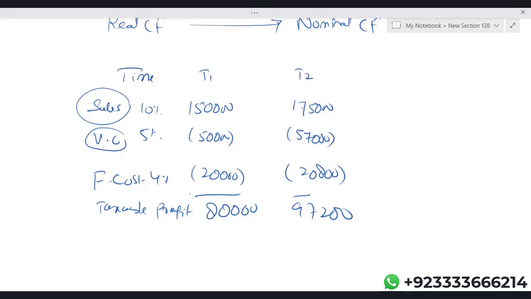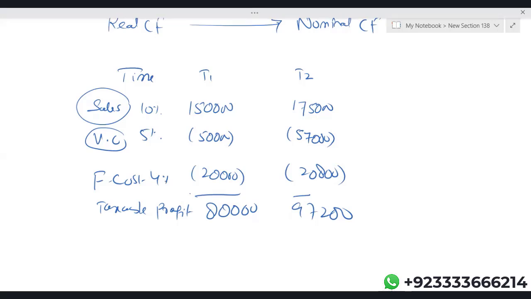In the same question, there's another requirement for 2 or 3 marks. The examiner says in the next requirement, calculate NPV in real terms as well. First it was clearly mentioned to calculate NPV in nominal terms, and you have done that. Now the examiner is giving you just 2 marks to calculate NPV in real terms. So you have to convert nominal cash flows to real cash flows.